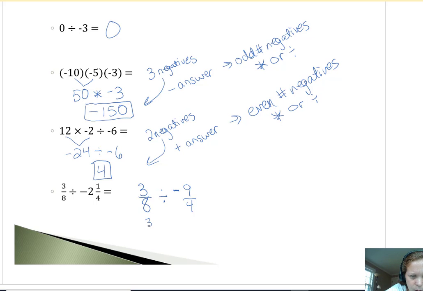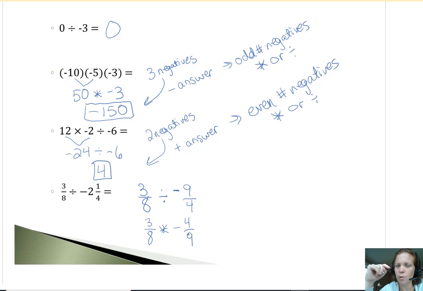Now we can do our flipping. Remember with dividing, we keep the first one, change division to multiplication, and then flip the 9/4 to 4/9. Now this is where we don't need a common denominator. We can go straight across on top, straight across on bottom. But I could do a little reducing first.